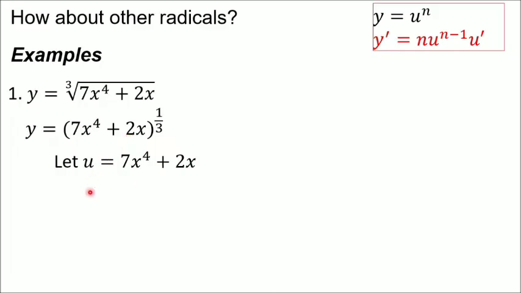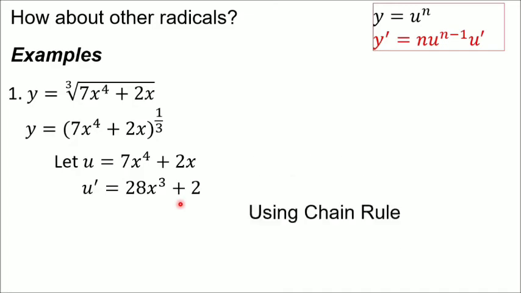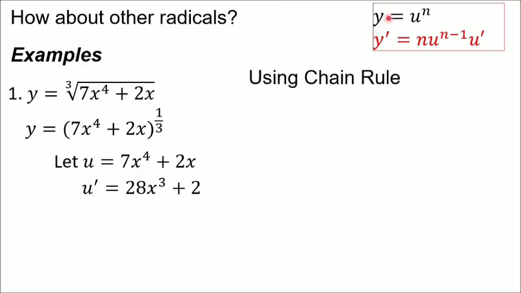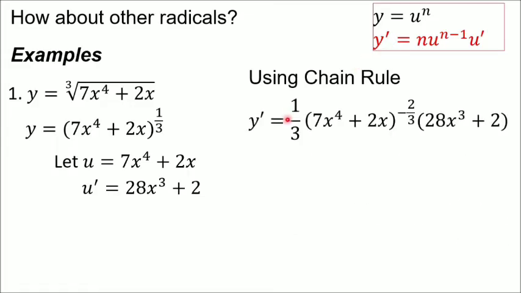And then of course, we will solve for u prime, and that is the derivative nito. That's 4 times 7 is 28x, and then subtract 1 sa exponent, kaya 3. Plus, derivative nitong 2x ay 2 na lang. Now, we will apply the chain rule. It will now become y prime equals 1/3, that's our n, times u, which is 7x to the 4 plus 2x, raised to the power of negative 2 over 3.